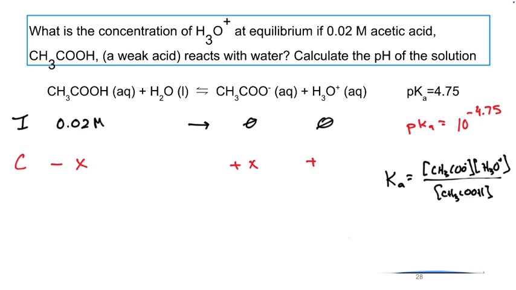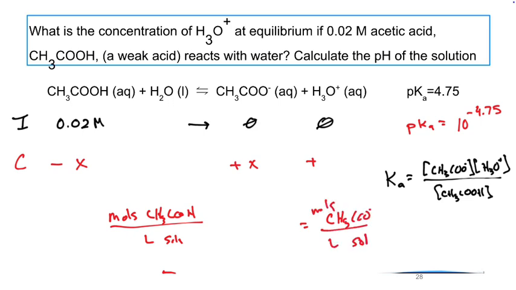What we're effectively doing is saying we have moles of the CH3COOH over liters of our solution. And what we're trying to do is convert into CH3COO minus moles over liters of solution. Where's the conversion factor that allows me to get rid of moles of CH3COOH?